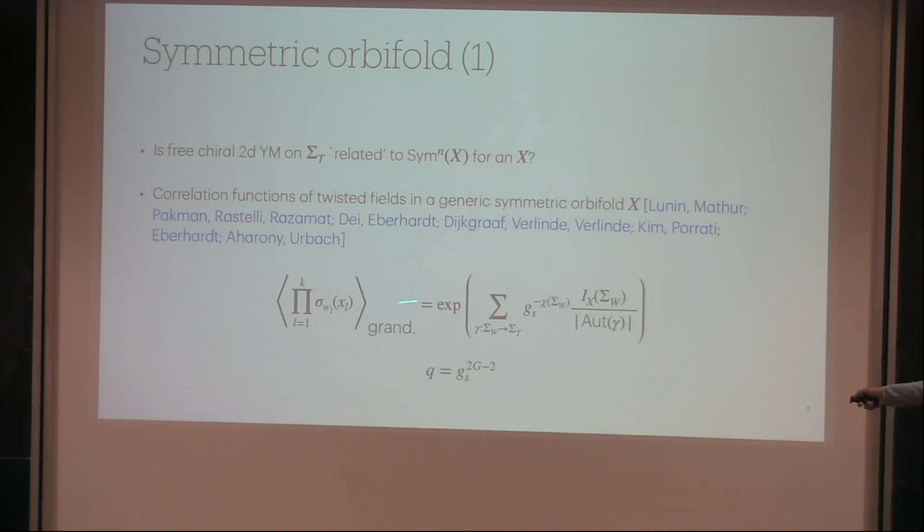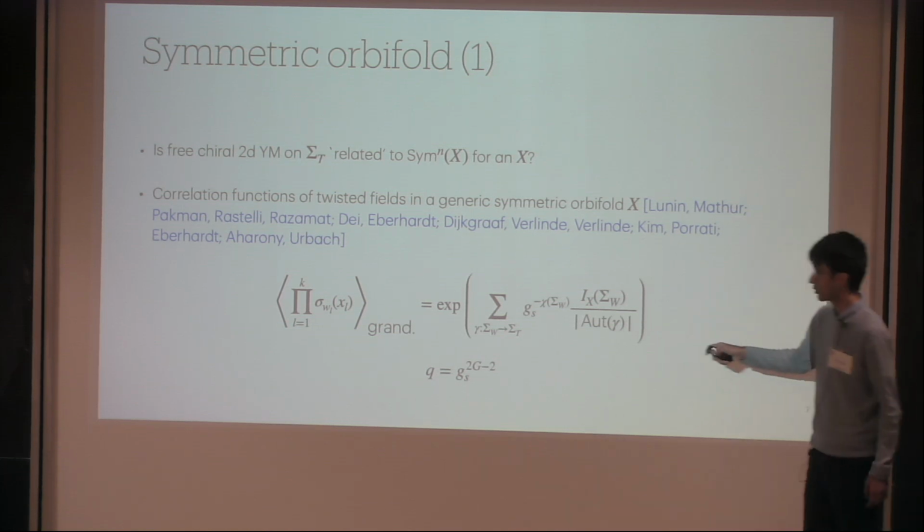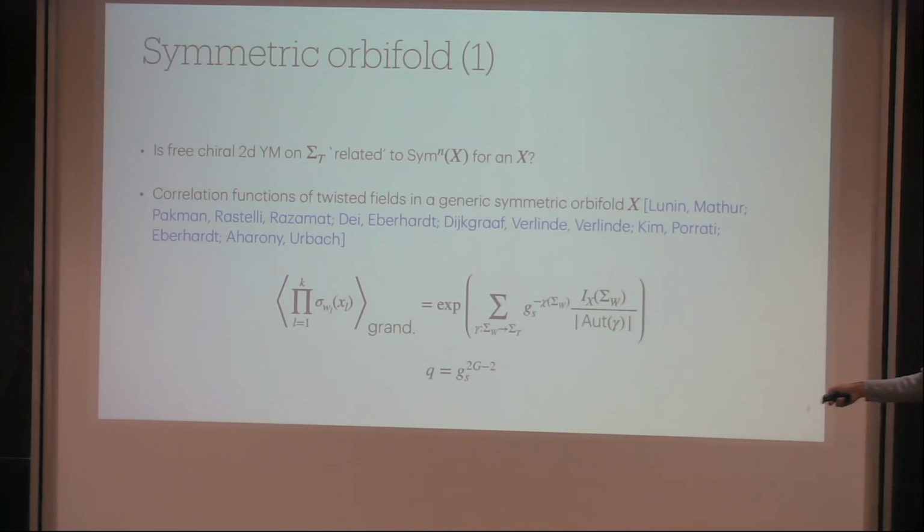So the correlation function takes this form, a sum over connected covering maps with this branching profile, and then this I of x. By this I mean going to the covering surface and calculating the corresponding correlation function.